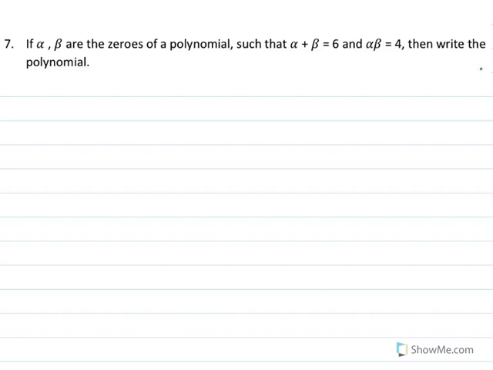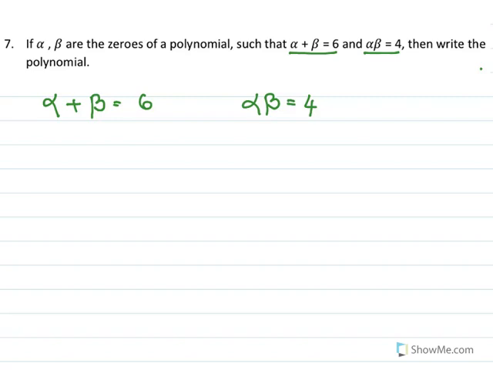If alpha and beta are the zeros of the polynomial such that alpha plus beta equal to 6 and alpha beta is 4, then write the polynomial. So the sum of roots is 6, the product of roots is 4.